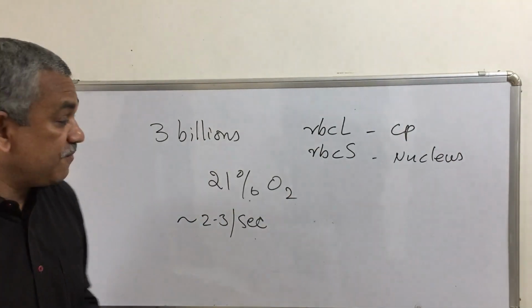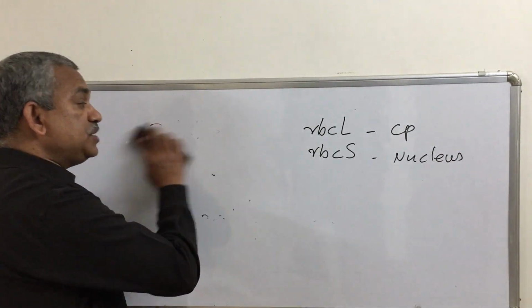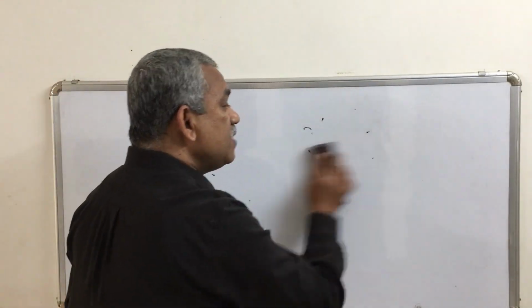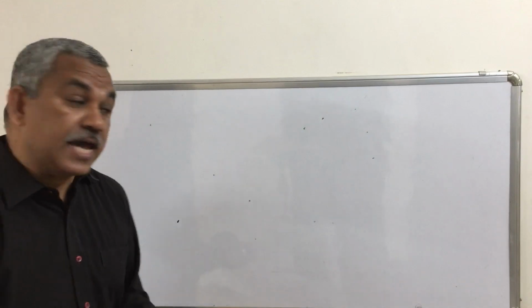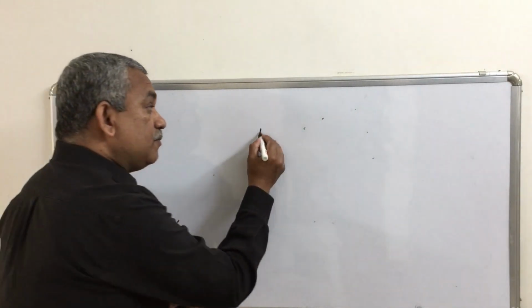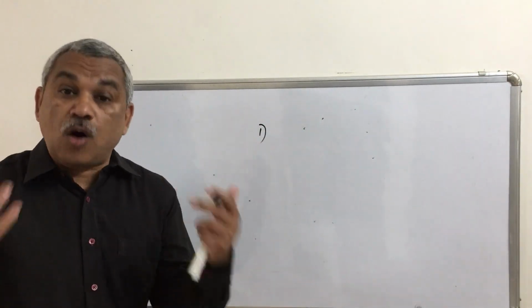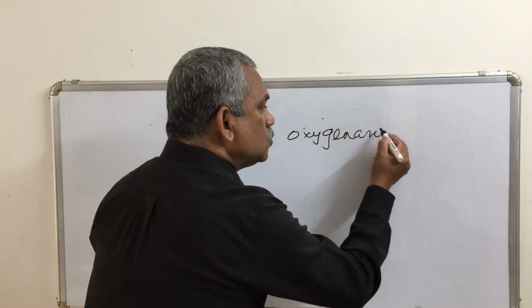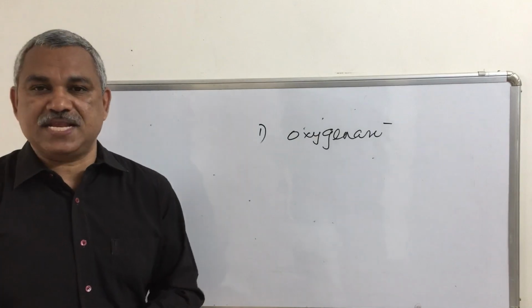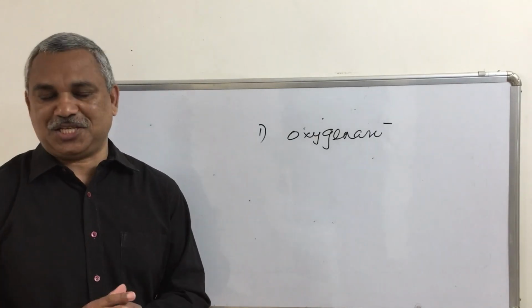They have tried several things in order to increase the efficiency of this enzyme. First of all, they tried to knock out the oxygenase capacity, to make it oxygenase minus, but it was not successful.